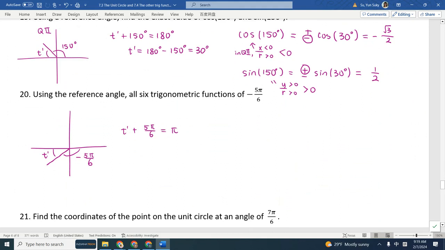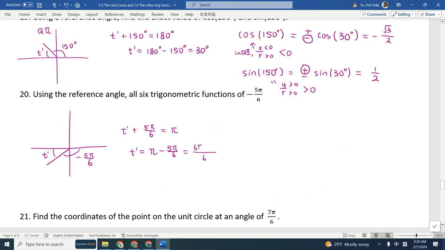We don't want to count the minus because we just want to look at the measure of the angle, not including the direction. Okay? So what is T prime? Pi minus 5 pi over 6. The common denominator is 6, right?